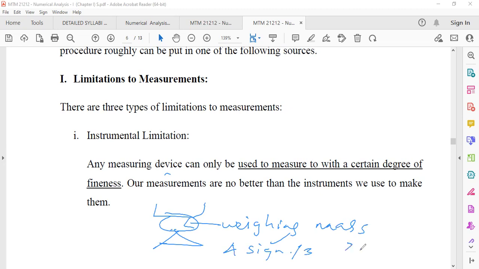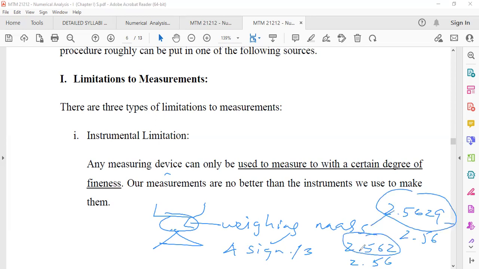If I have 2.562, it is taking us 2.56, let's say. Even if I take 2.66, I mean 2.69 something, it's also still 2.6. So these have different values, but this machine is only taking limited degrees. Therefore, the errors may come from this reason.